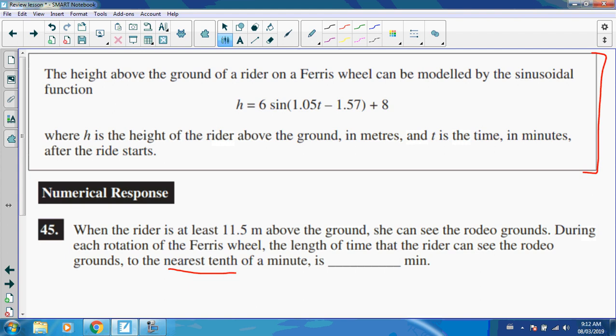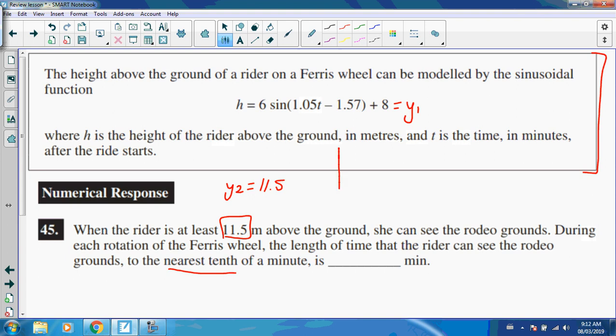All right, so what you might do in this question is put the equation into your calculator. I would make this y1, and then 11.5 would be my y2.